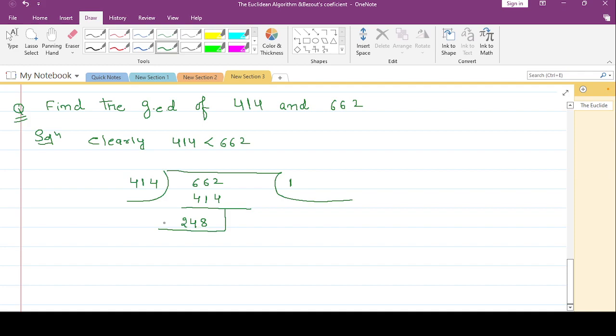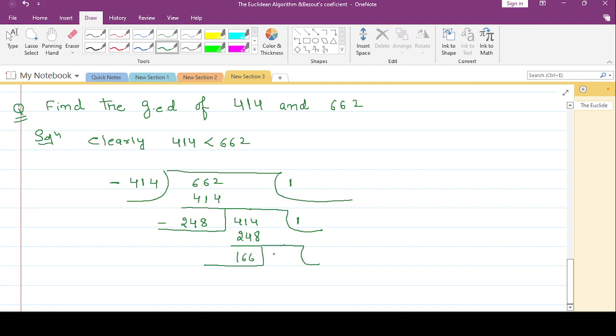So now as this 248 is less than your previous divisor, this previous divisor now becomes dividend. Okay. Now next 248 into 1 is 248. Okay. And what is the remainder here? The remainder here is 166.